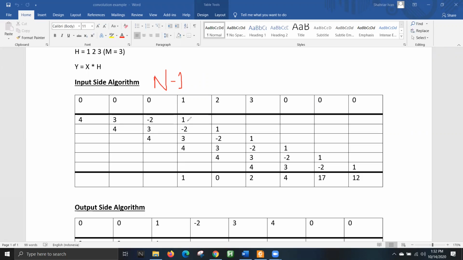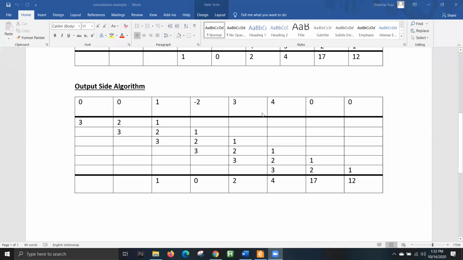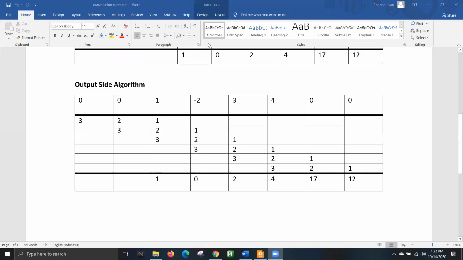So there are 4 points in the input signal, and 4 minus 1, that is 3 zeros to the left and 3 zeros to the right. If you're following the output side algorithm, then you'd have to pad m minus 1 zeros. Here m is the number of points in the impulse response, not the input signal. So m is 3 here, and you'll have to pad 3 minus 1, that is 2 zeros to the left and 2 zeros to the right of the input signal.